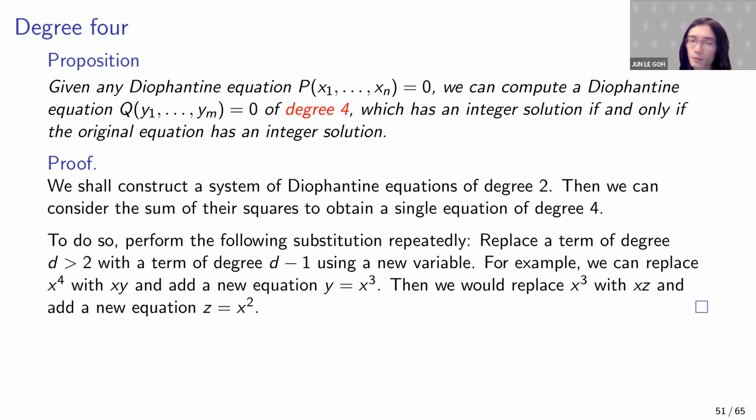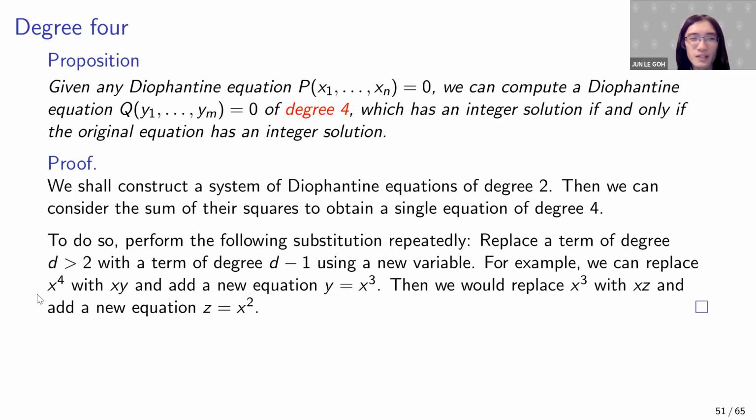First, how do we get this system of equations of degree 2? If we have a term in P which has degree more than 2, we can replace it with a new term of smaller degree, using a new variable. Maybe what I wrote here doesn't correspond exactly to the first sentence of this paragraph, but hopefully the idea is clear.